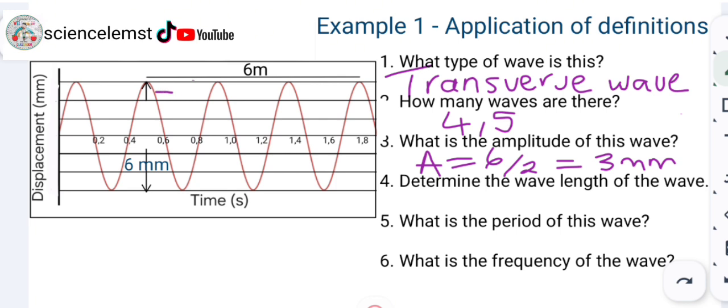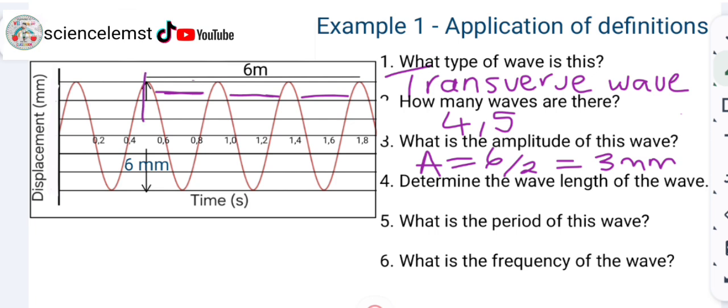So this gives me my wavelength, that gives me my wavelength, and that gives me my wavelength. So within the distance that is being given, I get 3 wavelengths. That's the first way I can look at it. The second way I can look at it is how many waves do I have covered within the distance.